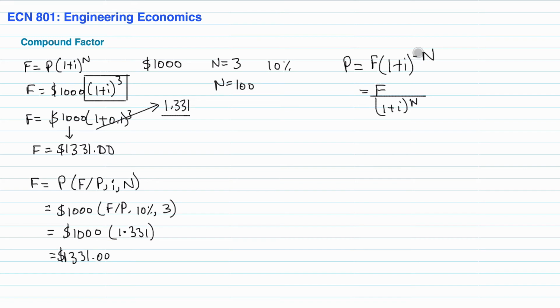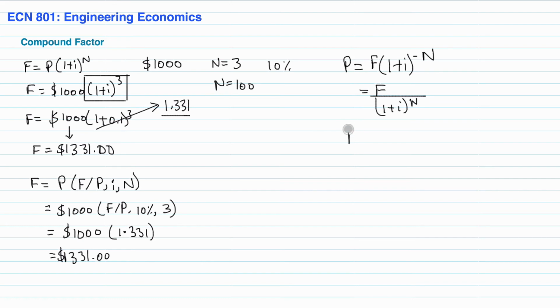Negative n means how many years or how many periods earlier we want to find our present worth. For example, if we are given the future worth 5 years ahead and we want to find out how much that future worth is worth 5 years earlier, we would put negative 5. So it's another way to think about periods.